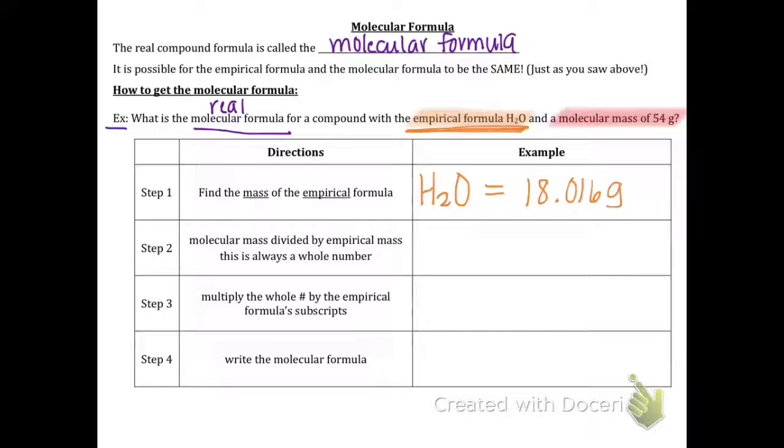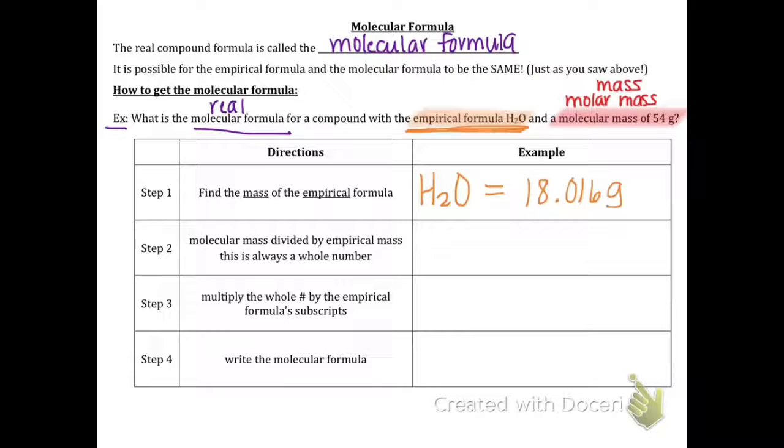Then step 2 says take the molecular mass and divide it by the empirical mass. Now let me just say here that the molecular mass can also be called the molar mass or just the mass.